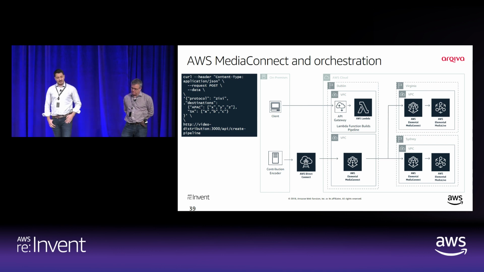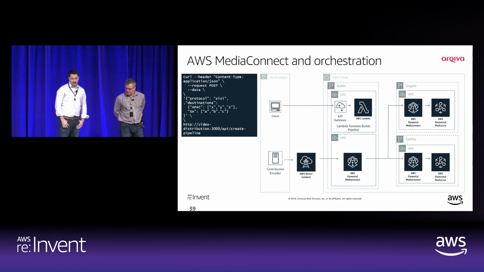So what we've got here is an API gateway fronting a Lambda function. And that Lambda function is using the Boto 3 libraries in Python to configure a bunch of AWS services. So we've got a MediaConnect in 1 VPC in our Dublin region.